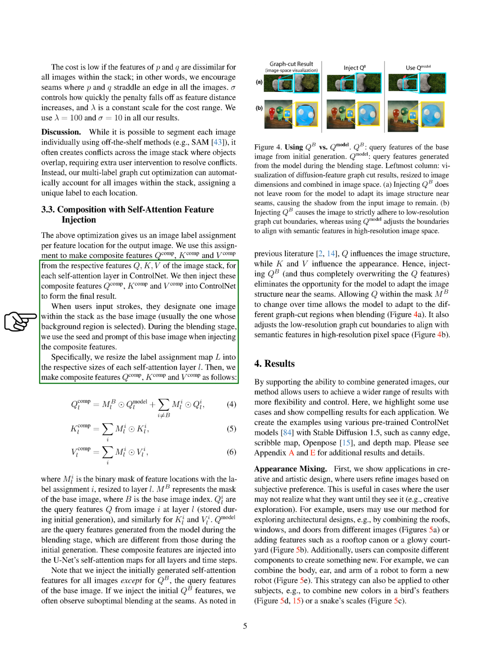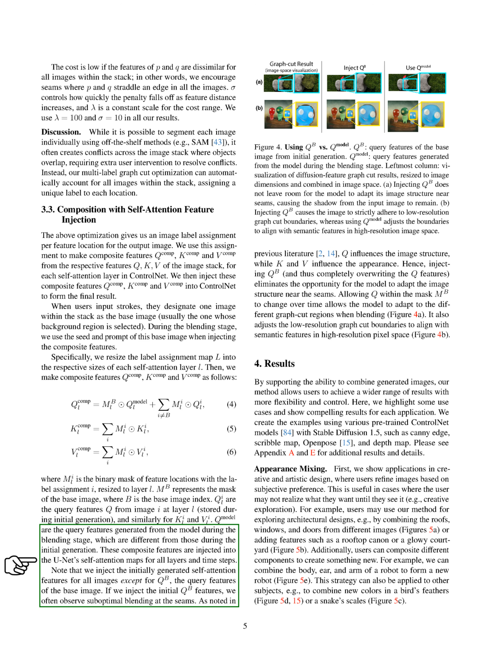Where $M_{I,l}$ is the binary mask of feature locations with the label assignment $I$, resized to layer $l$. $M_B$ represents the mask of the base image, where $B$ is the base image index. $Q_{I,l}$ are the query features $Q$ from image $I$ at layer $l$, stored during initial generation, and similarly for $K_{I,l}$ and $V_{I,l}$. $Q_{model}$ are the query features generated from the model during the blending stage, which are different from those during the initial generation.